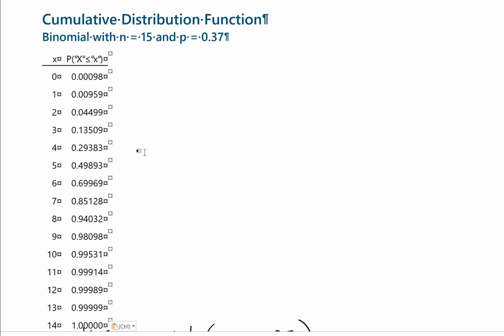So I have this cumulative distribution function that I'm going to use to find probabilities.